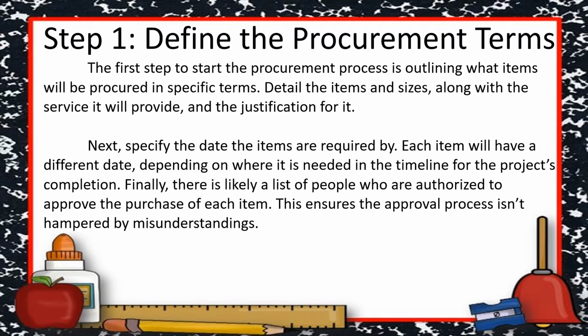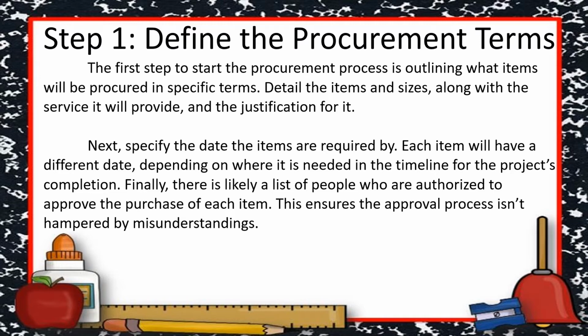For instance, is it a tool that this organization doesn't make? Is it required for the manufacturing of an item needed to complete the project? If there is any technical information pertinent to the procurement process, it should be listed here.